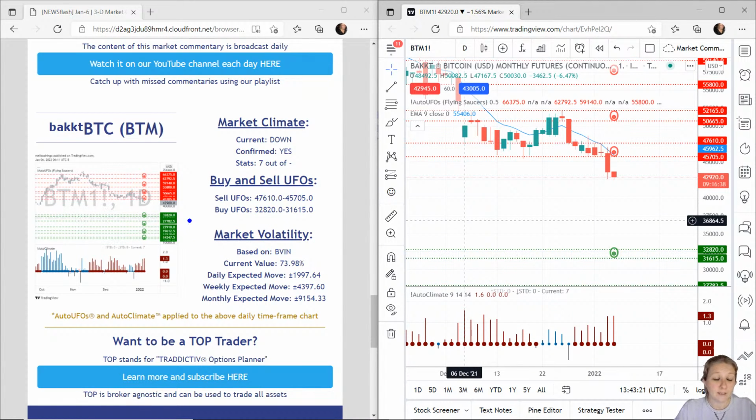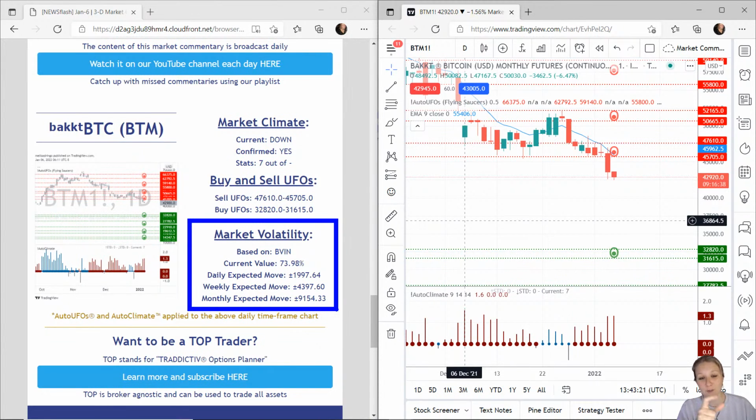Now, Bitcoin is the most volatile of the markets that we look at. It can change a lot as well. Obviously, sometimes we've seen it double in weeks, and we've seen it half in weeks as well. But when it comes to what we expect at the moment, we would expect a yearly move of 73.98%.